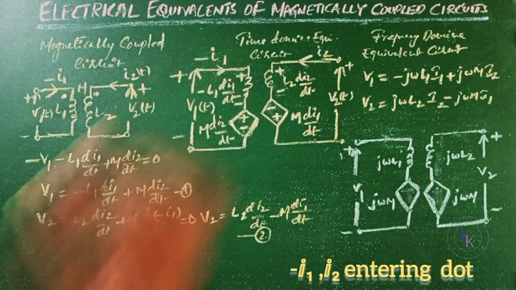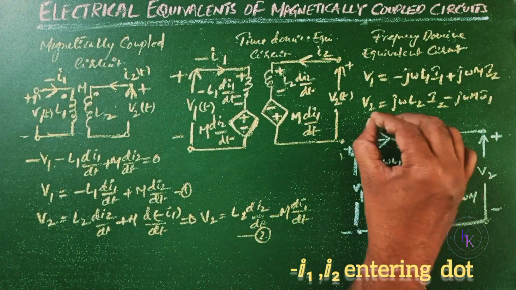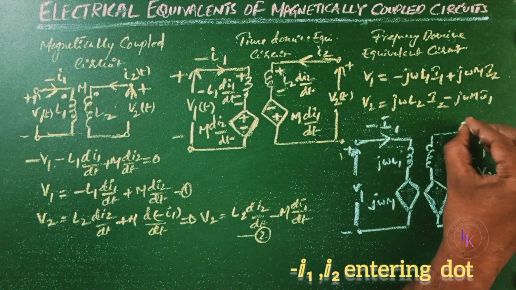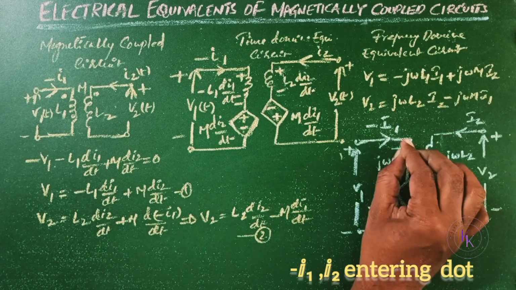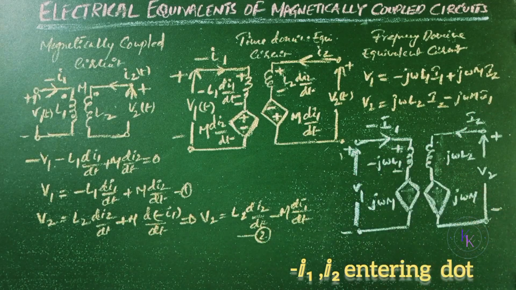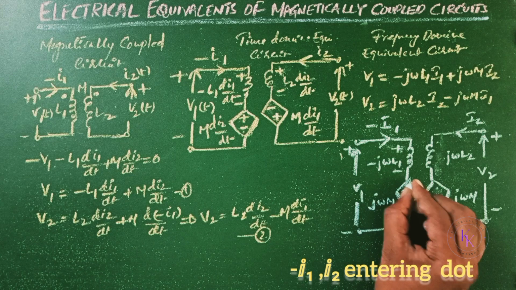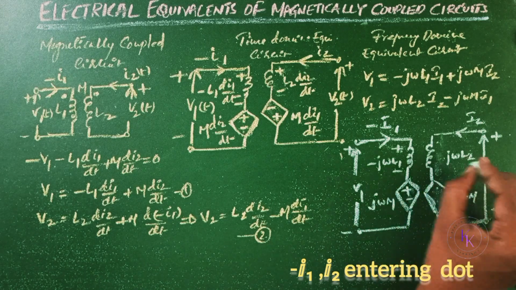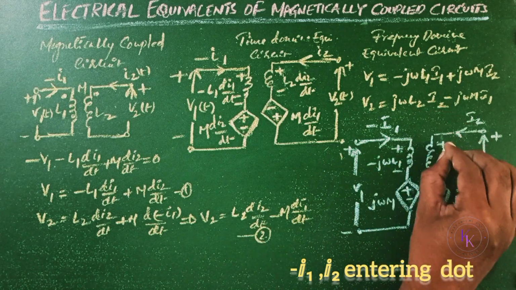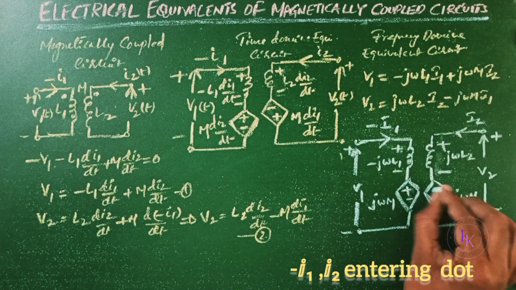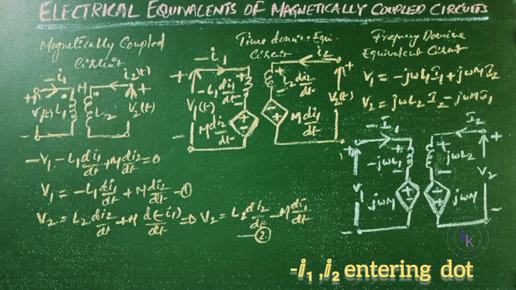You can see this is a negative I1, and here it is again negative I1. Here it is I2, and this is positive and negative, minus j omega L1. This is positive and negative, j omega M. Here it is positive and negative, and here it is minus, so minus and plus j omega M. This is the frequency domain equivalent circuit for this magnetically coupled circuit.